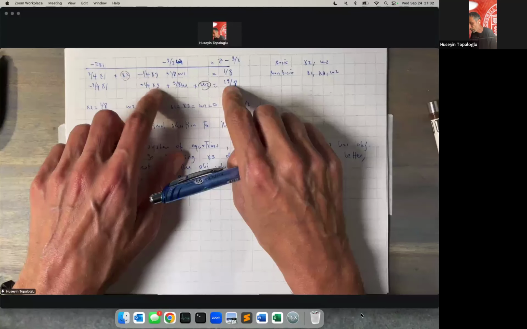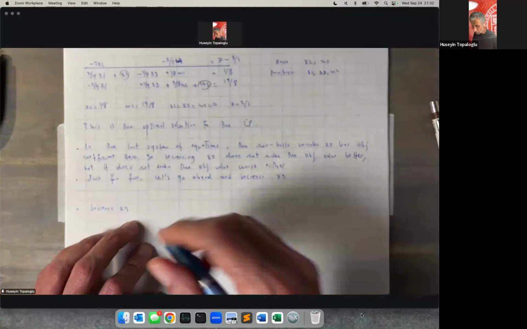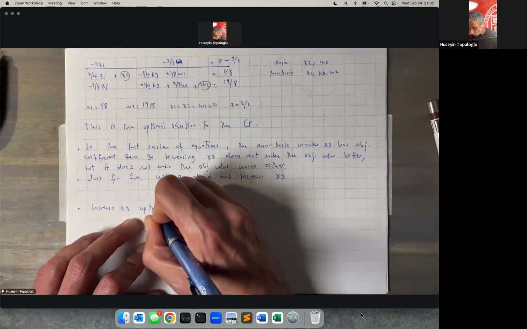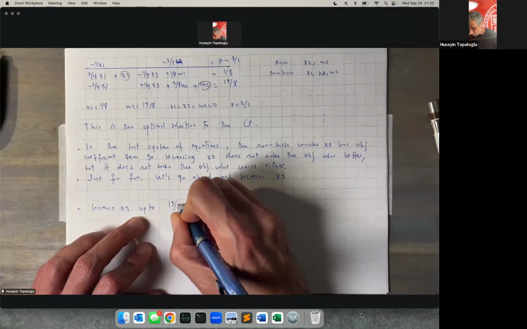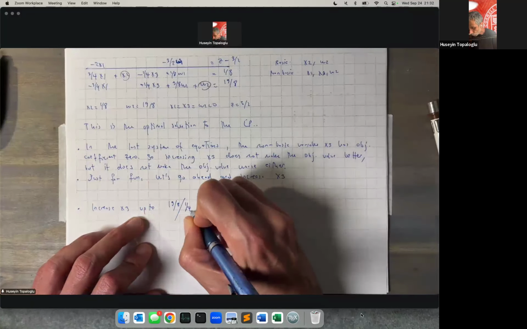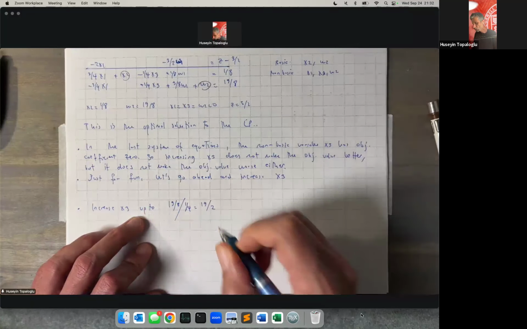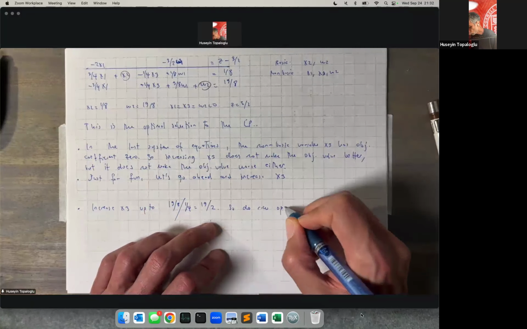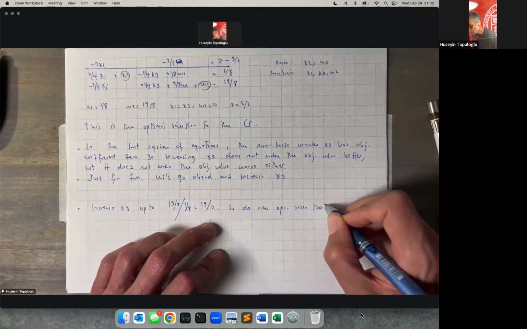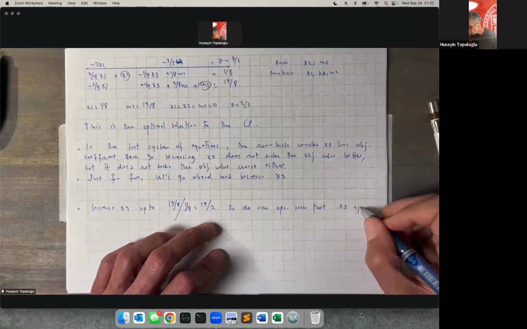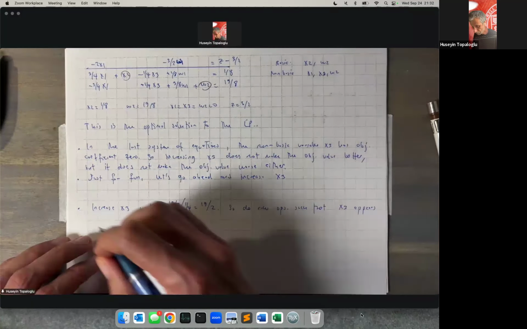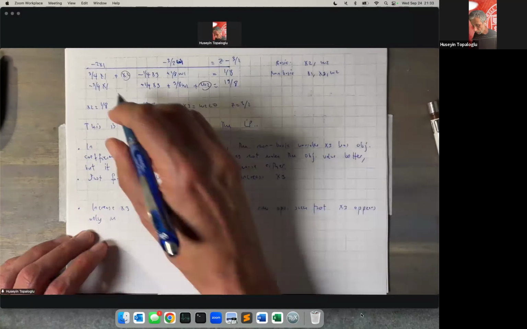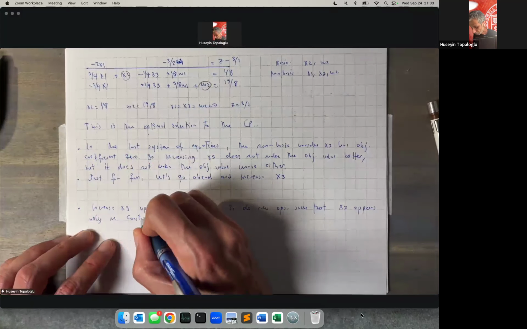We're going to do row operations such that x3 appears only in the second constraint row.